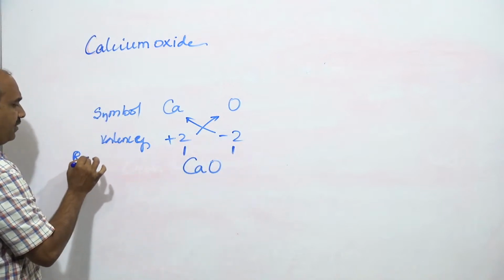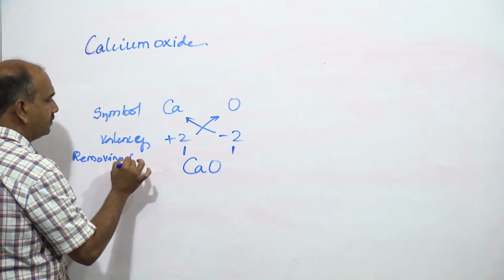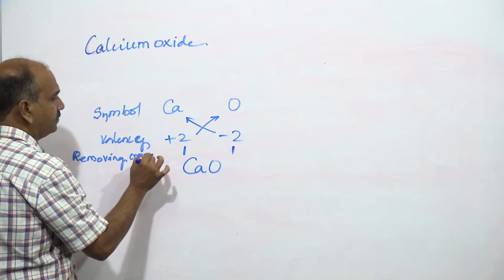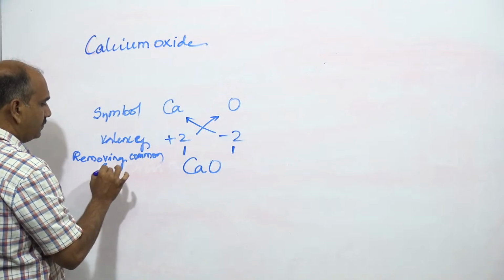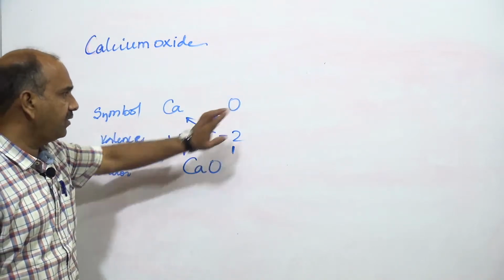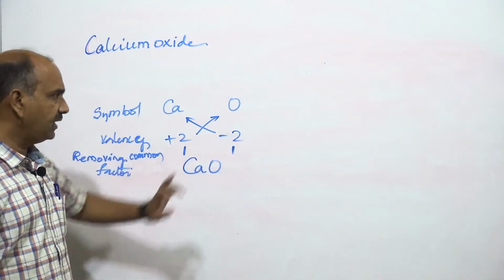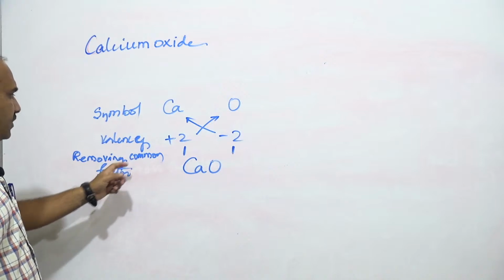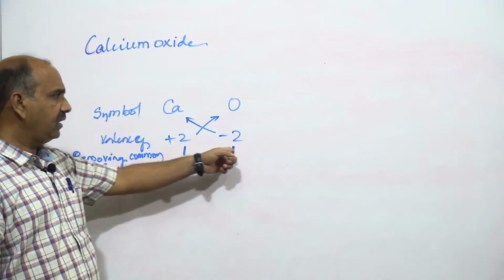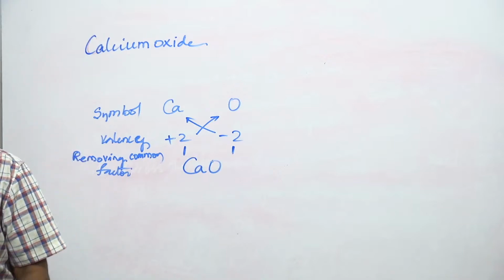So you will be getting calcium oxide as CaO. Once again, see, the symbol is calcium and oxygen. Valency, if you take, is +2 and -2. Then when you remove the common factor, this is 1 and 1. So the formula shall be CaO.